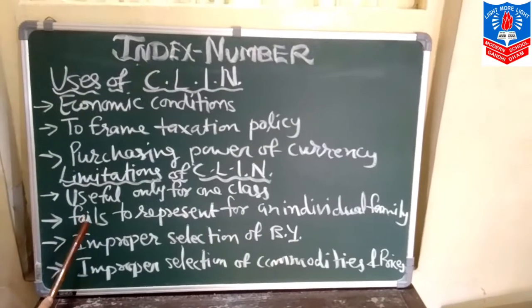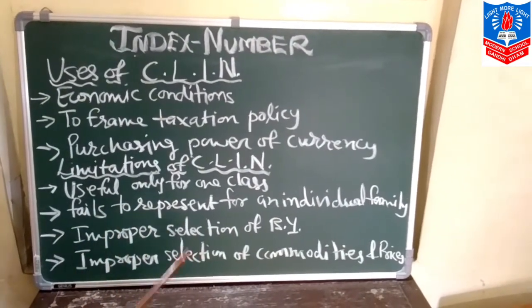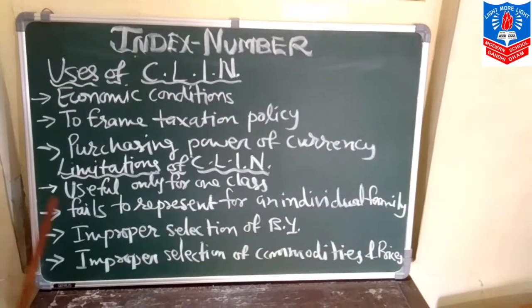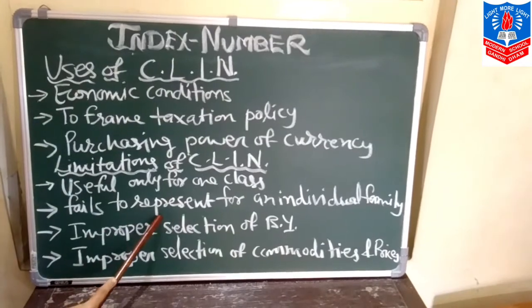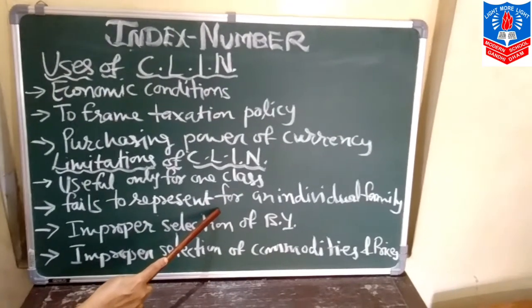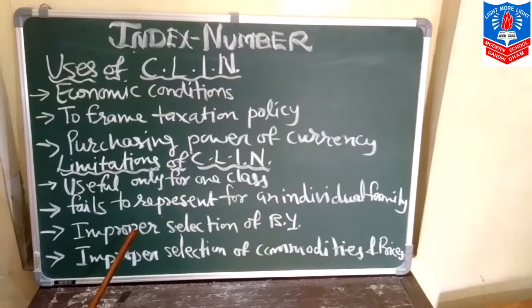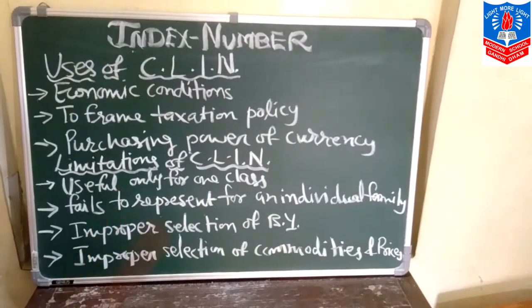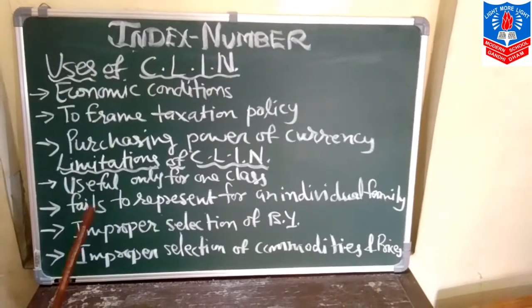Next, the cost of living index number represents the average change in the expenditure of families of a certain class, so it fails to represent the changes for an individual family. However, it can be used as a guideline to study the cost of living of people.